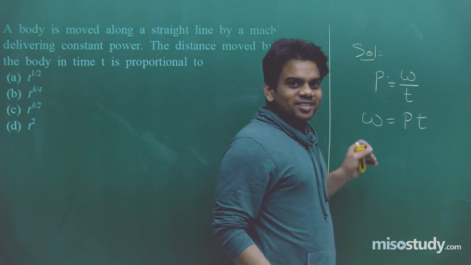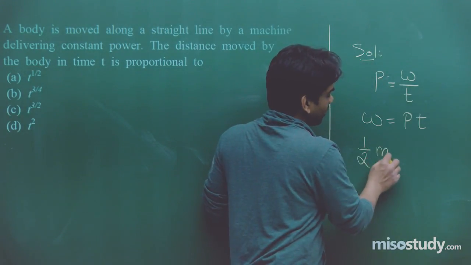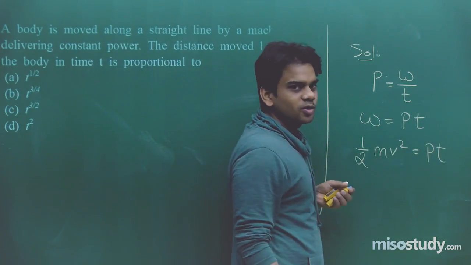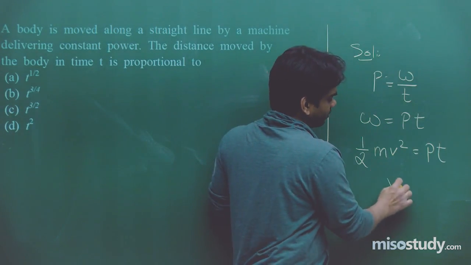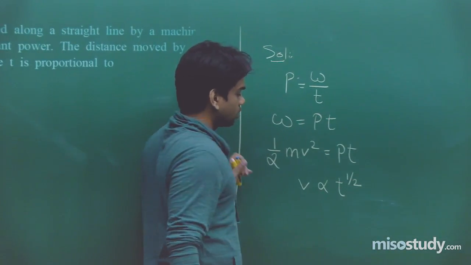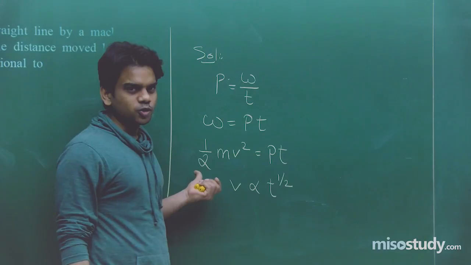The work done is the increase in kinetic energy, so we can write half mv square is equal to P into t. Quite obvious. Now you see here, we can easily write that v is proportional to t to the power 1/2. Not a problem, because power is constant, mass will be constant, 1/2 is constant.